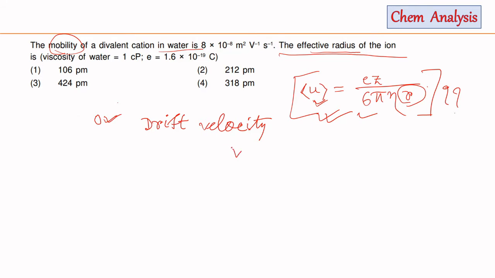That is, the drift velocity is related to the applied electrical field and ionic mobility, like this. And from this we can write that ionic mobility is equal to drift velocity divided by applied electrical field.